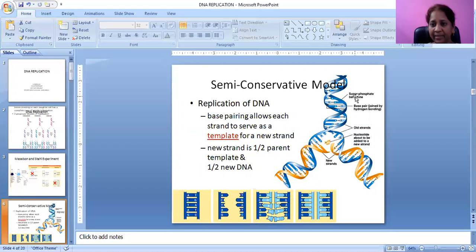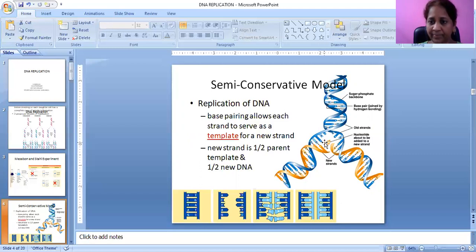Here we can observe the sugar phosphate backbone, base pairs, and old strands. Topoisomerases and helicases break the hydrogen bonds of the double helical structure, and stop the spiraling of the DNA strands.